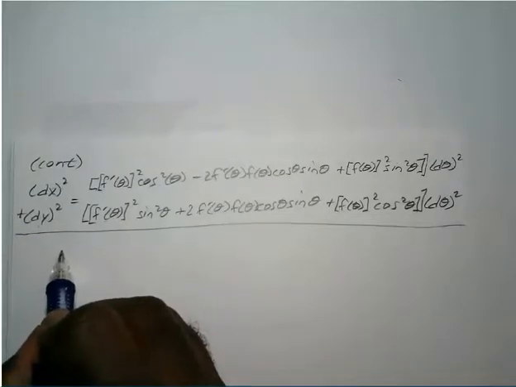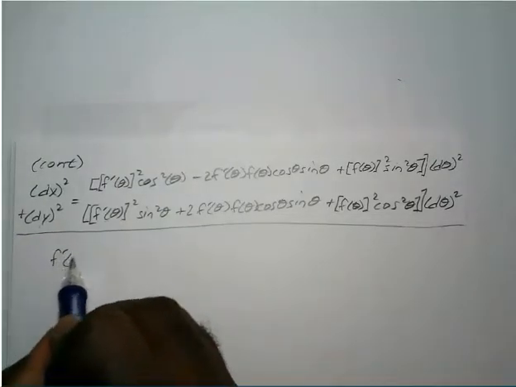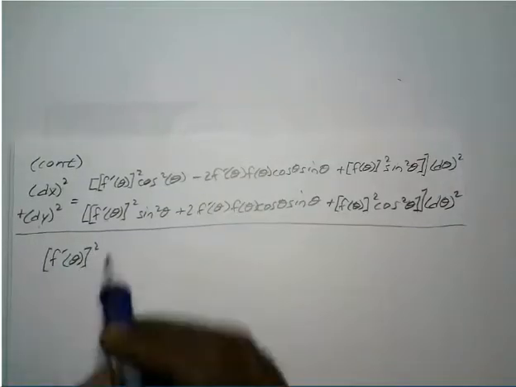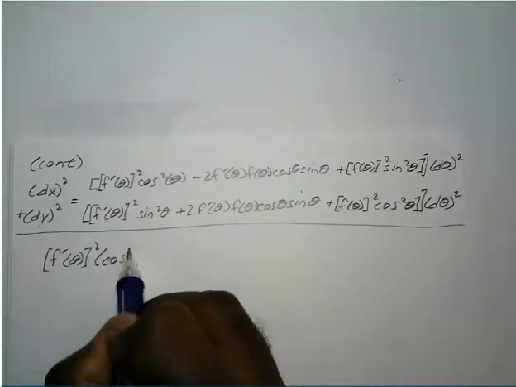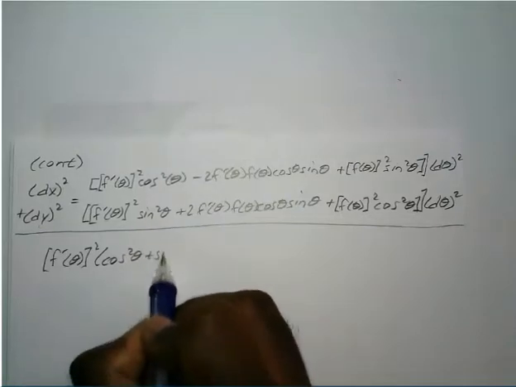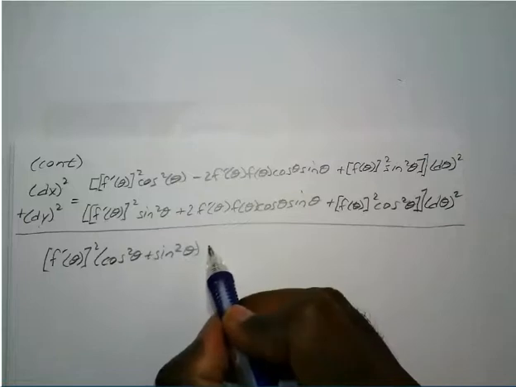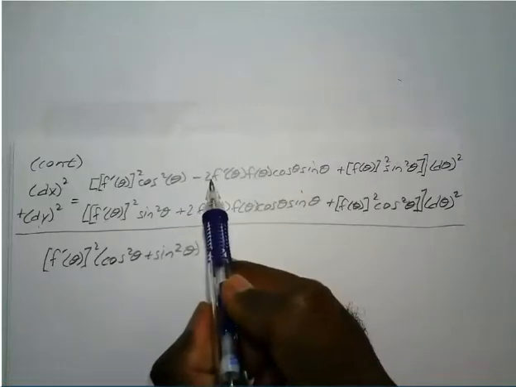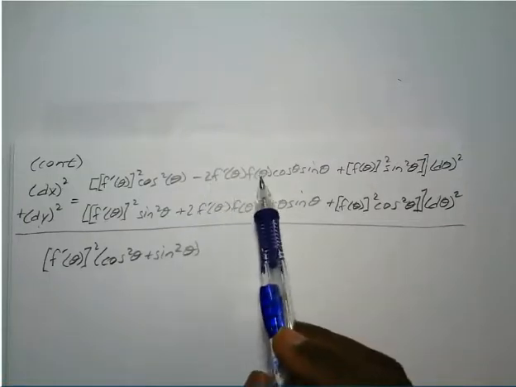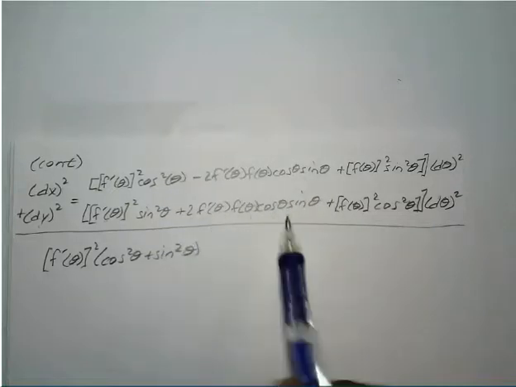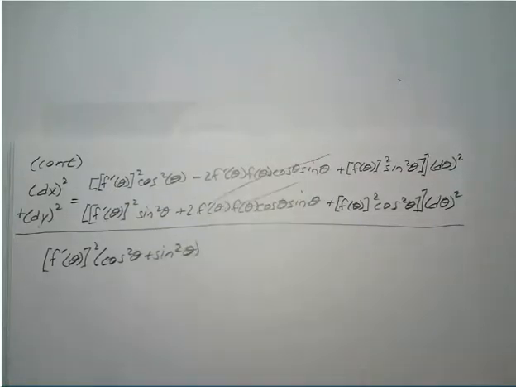So we end up with f prime of theta squared times cosine squared theta plus sine squared theta. You notice here, minus 2 f prime f cosine sine plus 2 f prime f cosine sine, so these two will cancel each other out.